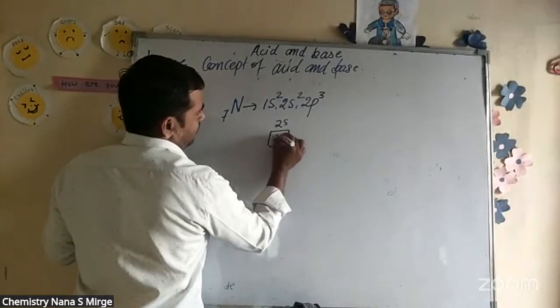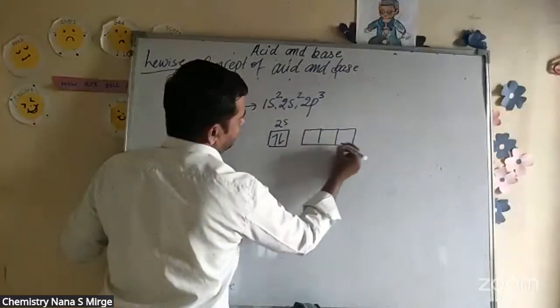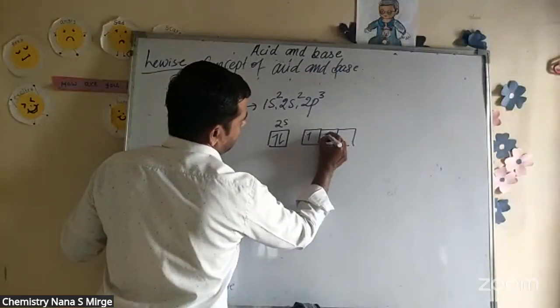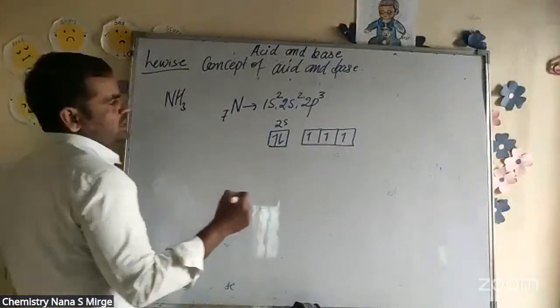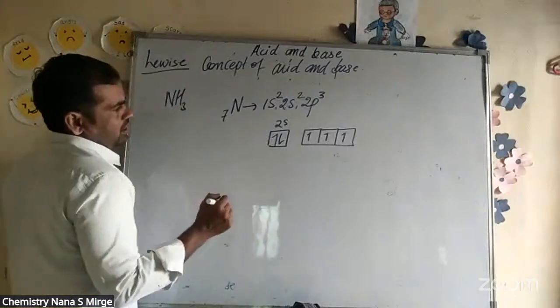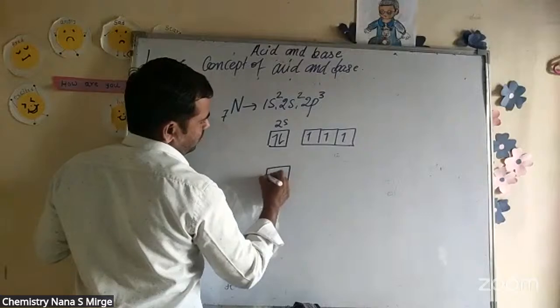How many hydrogens are bonded to the nitrogen atom?